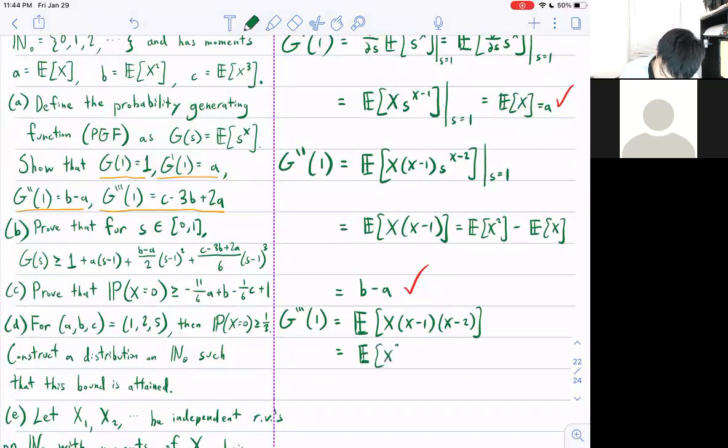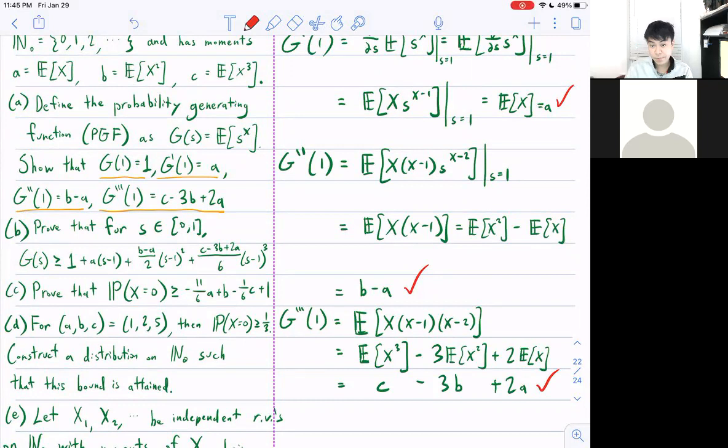You get the expected value of x cubed minus 3 times the expected value of x squared plus 2 times the expected value of x. And plugging in the definitions of each one of these, c minus 3b plus 2a. And we are done with part A of this problem.